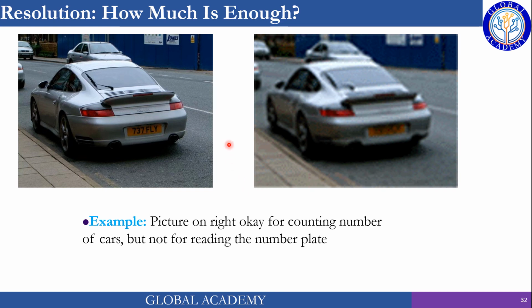So resolution, how much is enough? Like we have two pictures, one with higher resolution, one with lower resolution, and the picture on the right is okay for counting the number of cars but not for reading the number plate, because the number plate is not clear. Whereas in this picture we can read a number plate, and similarly if we can read it, then we can write an algorithm which can read this number plate.